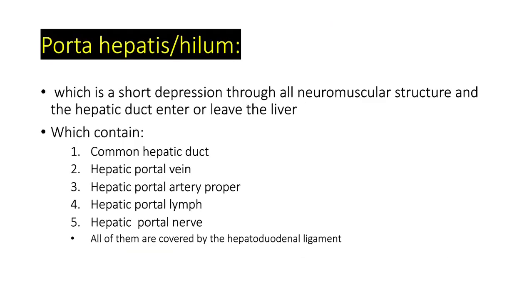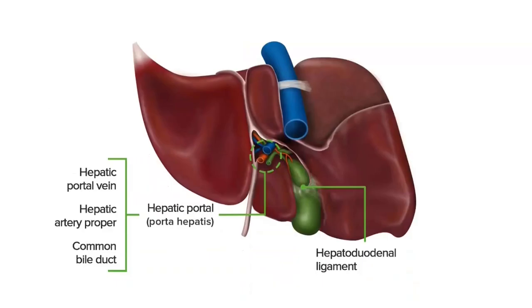The porta hepatis or hilum of the liver is a short depression through which neurovascular structures and the hepatic ducts enter or leave the liver. It contains the hepatic duct, hepatic portal vein, hepatic artery, hepatic lymphatics, and hepatic nerves. All of them are covered by the hepatoduodenal ligament.